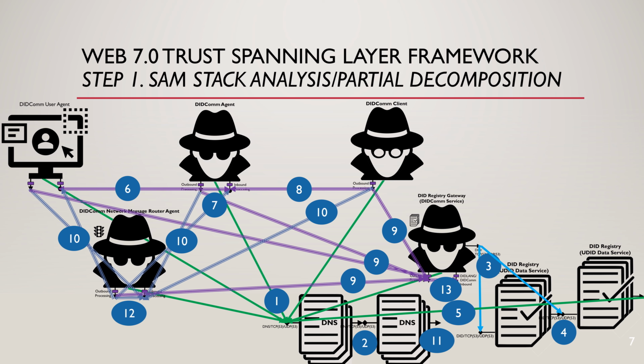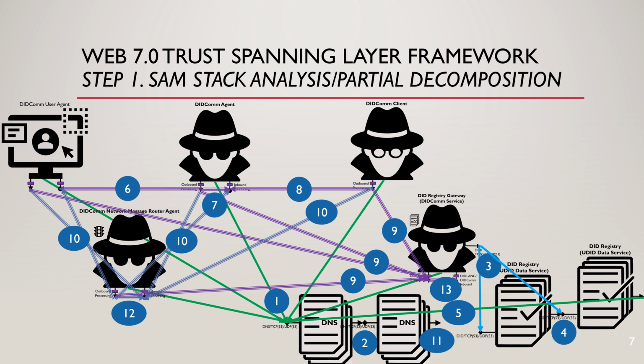To the right of this number 7 DIDComm agent, at the end of the arrow number 8, is the DIDComm client. In the bottom left, we see the DIDComm network message router agent. And to the far right, the agent that we see there is the DIDComm registry gateway.